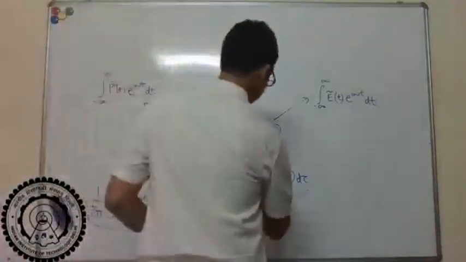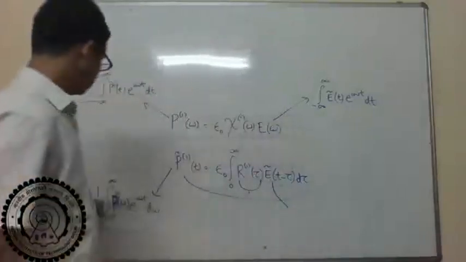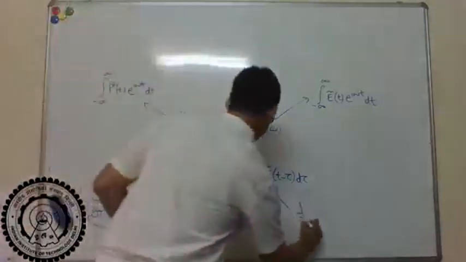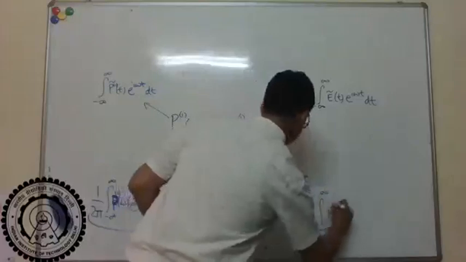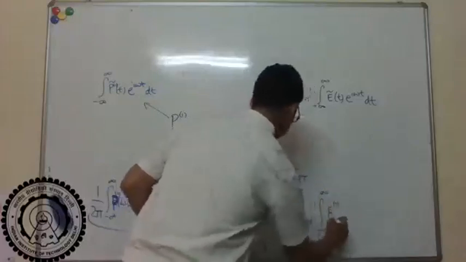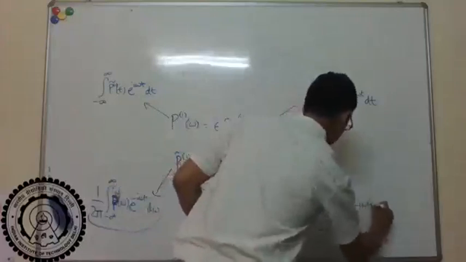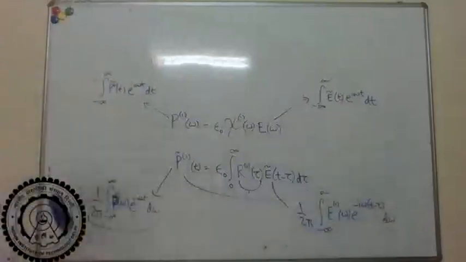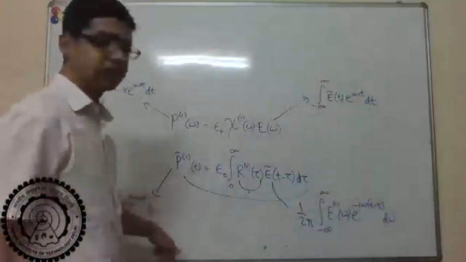Similarly, here you can replace E of t by 1 over 2 pi, right? So then you'll have now converted this into some frequency domain expression.